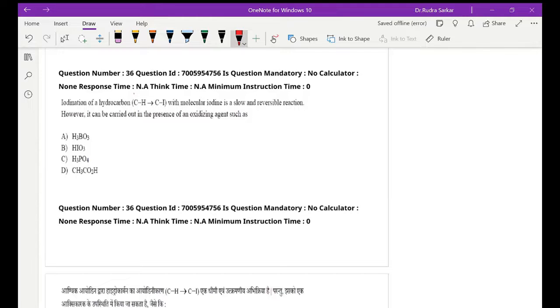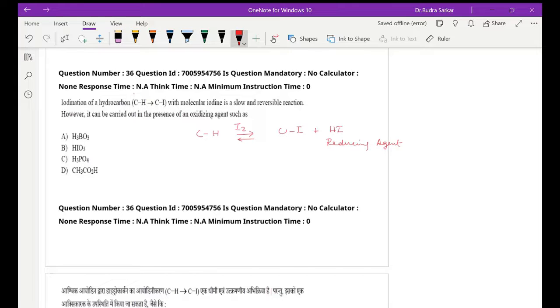Question number 36: iodination of a hydrocarbon with molecular iodine is a slow and reversible process. Which is true? However, it can be carried out in the presence of an oxidizing agent such as... So suppose you are trying to convert a C-H bond to a C-I bond using I2. What happens over here is that HI is formed, which is a reducing agent, and this takes the reaction back.